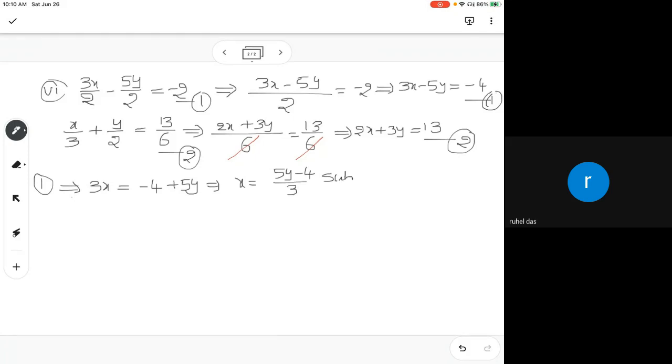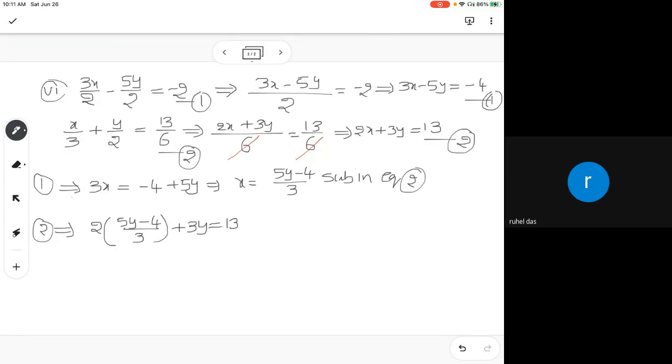Substitute this in equation number 2. So equation number 2 will transform into 2 into x. So what is x we are getting here? 5y minus 4 divided by 3, plus 3y is equal to 13.